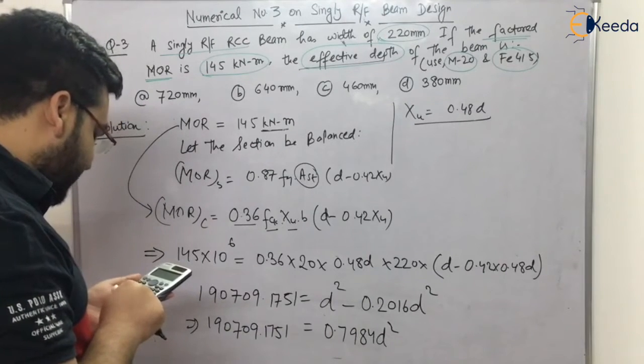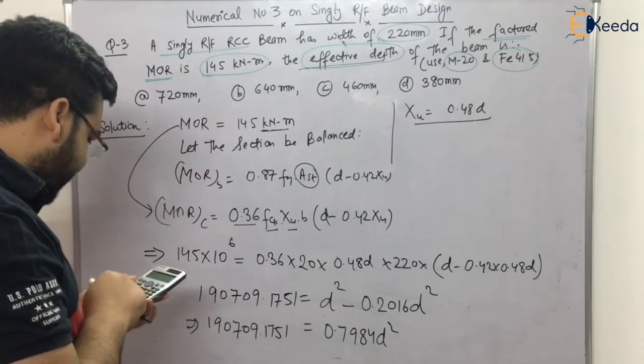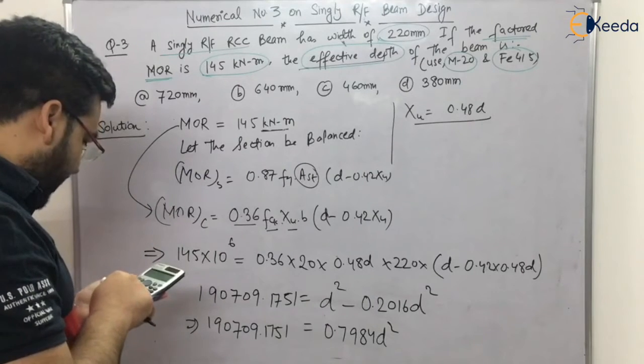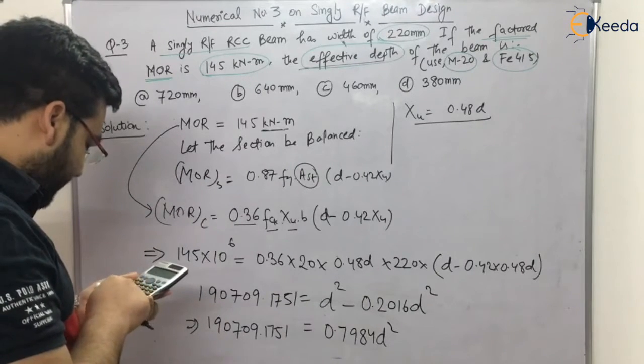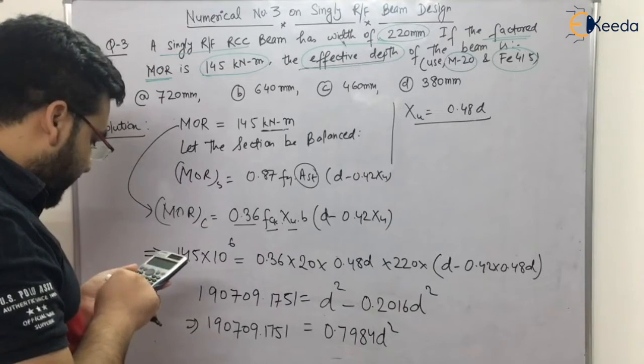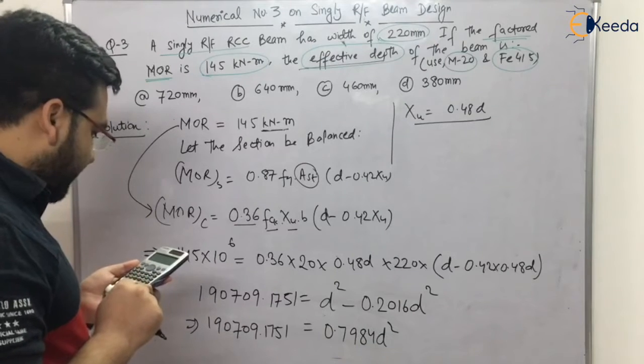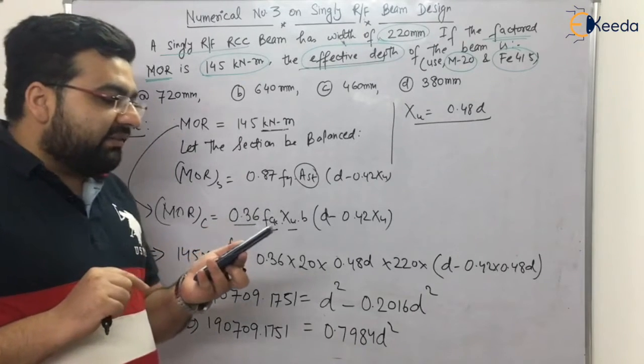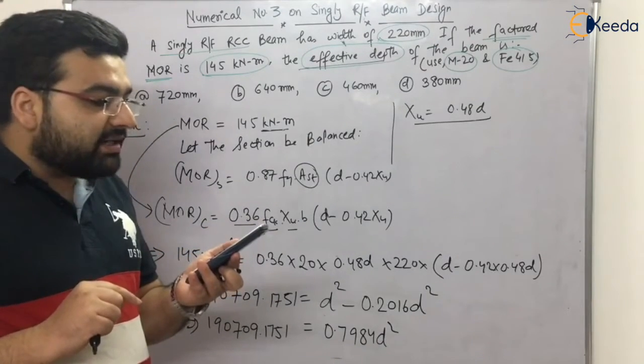So let me divide it: 190709.1751 divided by 0.7984, and take the square root of this. I am getting 488.737 mm. I hope everybody is getting the same answer.